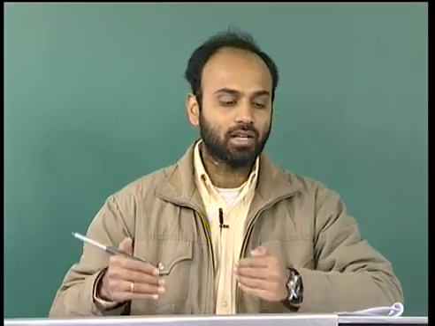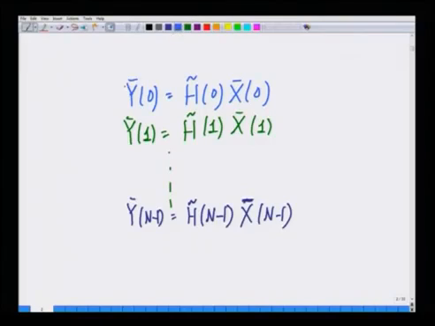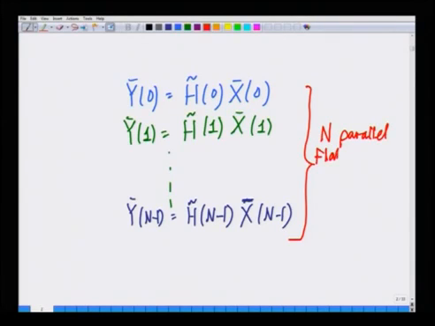Since this is MIMO, we have multiple transmit antennas as well as multiple receive antennas. So, this is nothing but our set of n parallel flat fading MIMO channels.